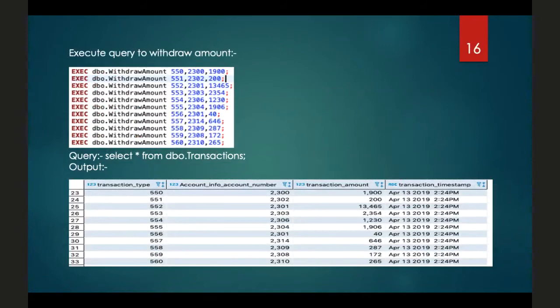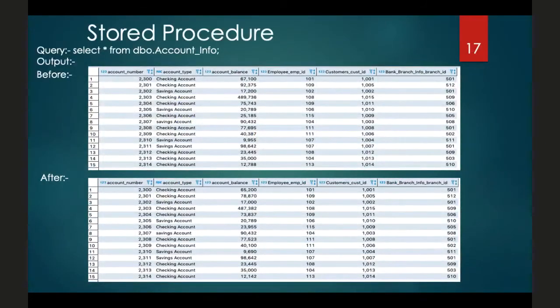Next, before and after execution of the stored procedure, you can see the account balance for account 2300 is 67,100. After you withdraw the amount, it becomes 65,200. That's how the withdraw stored procedure is executed here.